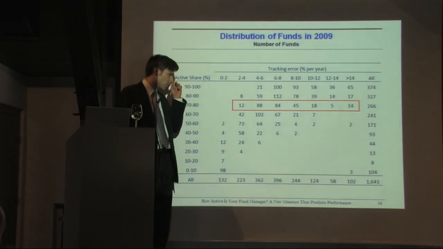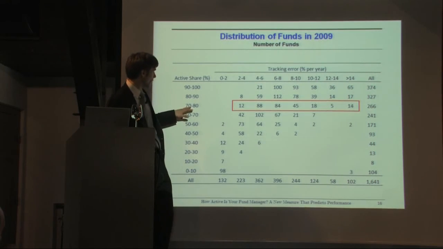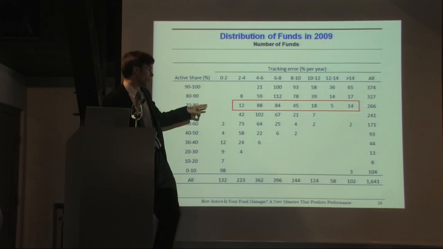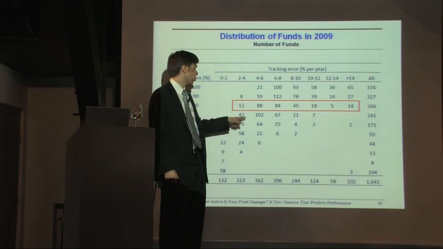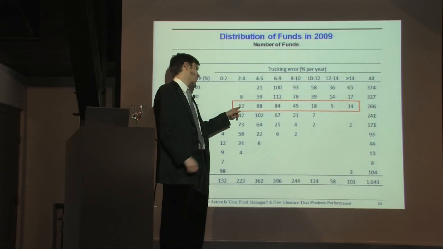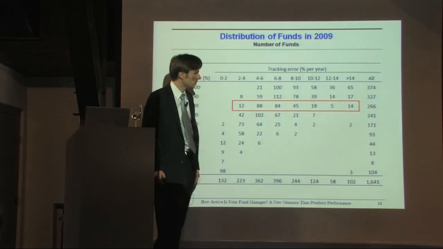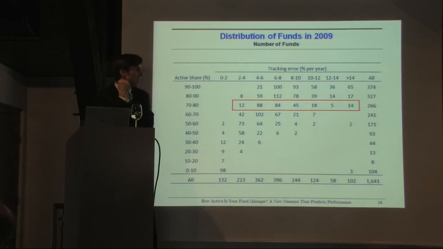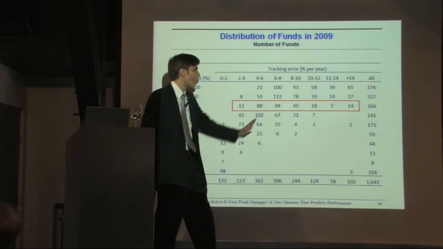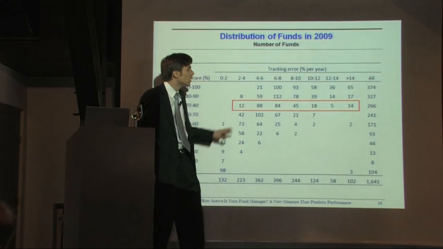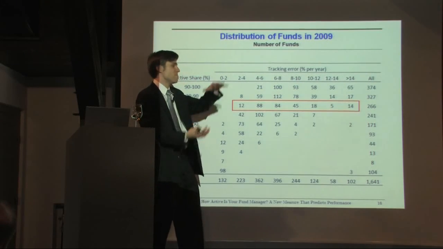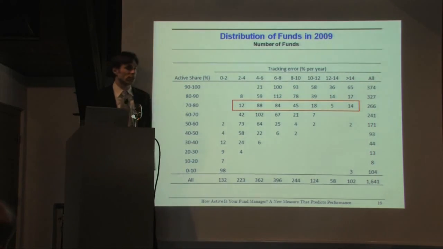Similarly, if you pick the active share group 70 to 80%, your tracking error could be as low as between 2 and 4%, or it could even be greater than 14%. So the point is, it's not just one line when you plot these two things. You really have two different dimensions along which you can find funds.